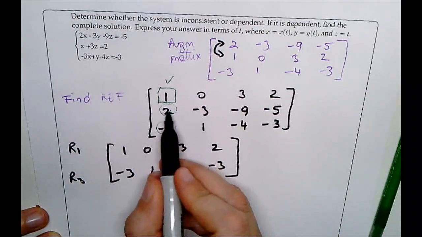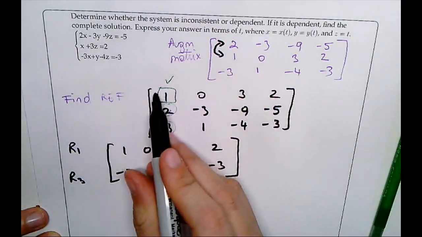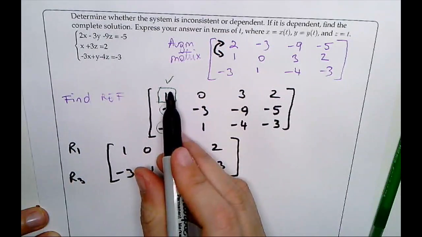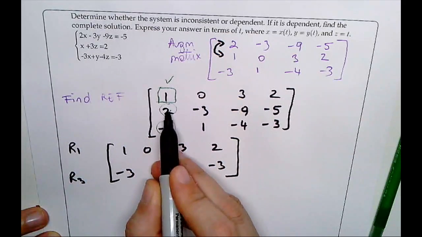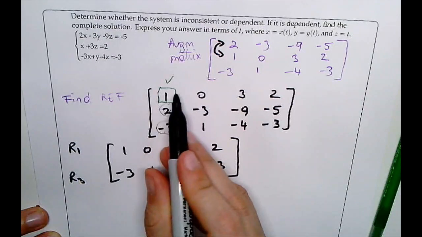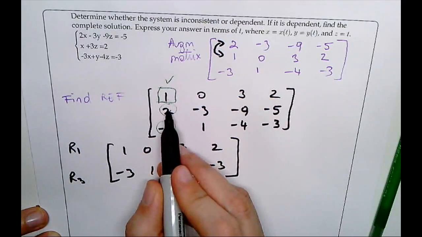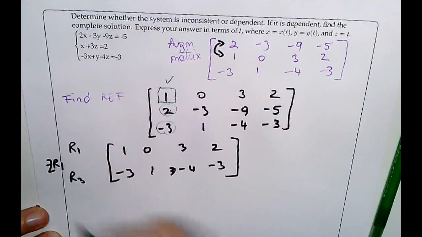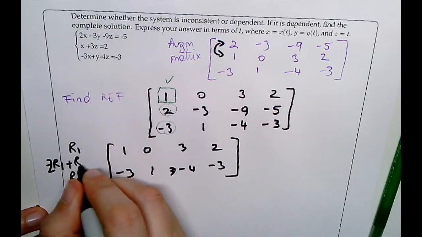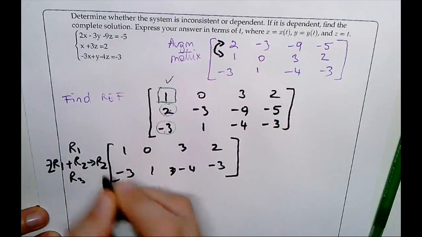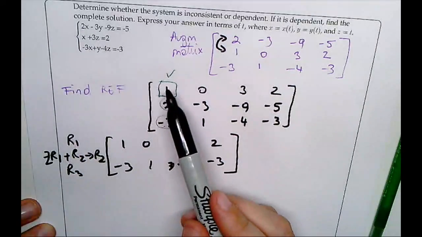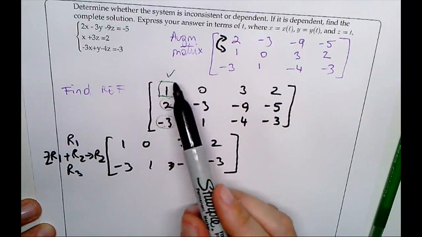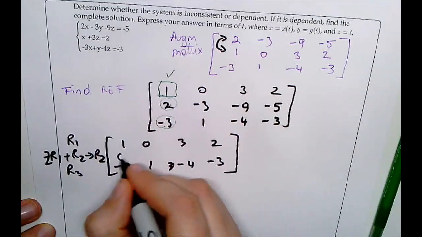And then in the middle, row 2. So how can I make row 2 a 0? I need to take a multiple of row 1 and then add it to row 2. So the right multiple is -2 because -2 times 1 plus 2 is 0. So negative 2 times row 1 plus row 2, that's going to be my new row 2. Negative 2 times 1 is negative 2, plus 2, that's a 0.